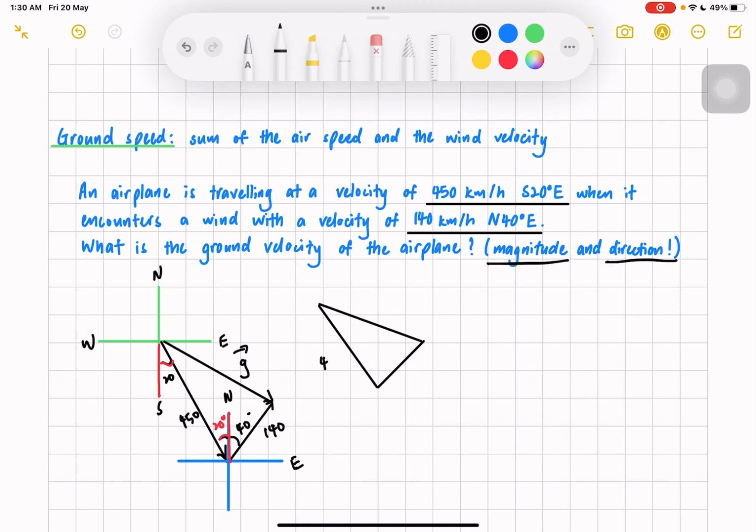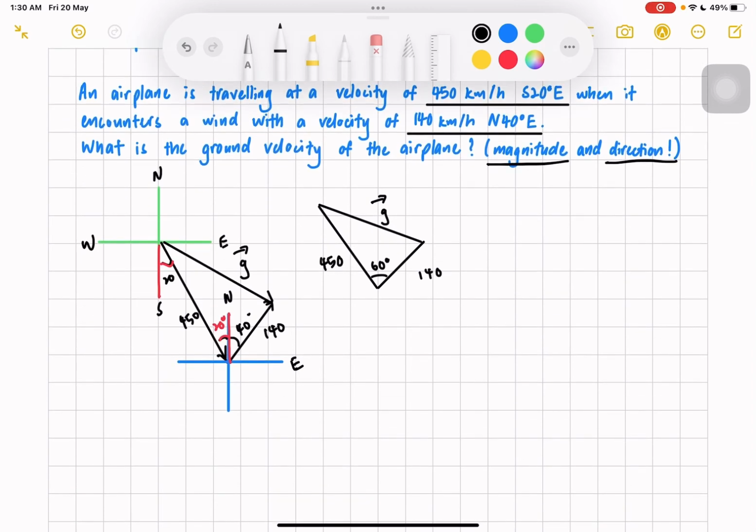So this is 40, 450, 140, 40 plus 20 is 60, and this is what we want to find, the ground speed. So by using the cosine law, we can find the ground speed.